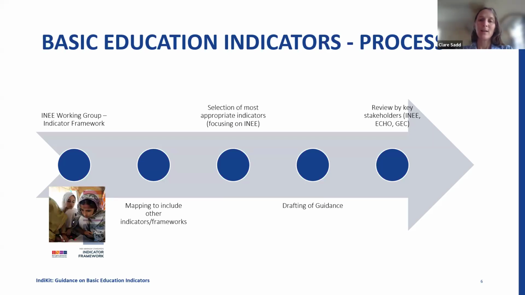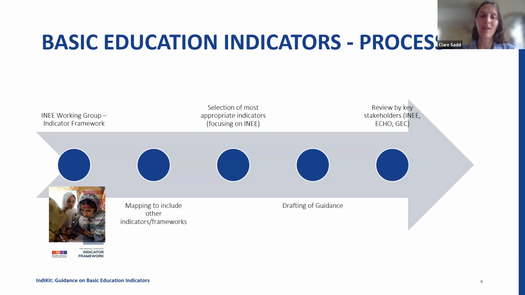And then once we'd done that, we selected the most appropriate indicators from the mapping. So the ones that we felt were the most relevant for education practitioners to use, and the most likely things that people would be trying to measure within their programming. And we tried as much as possible within this to focus on the INE indicator framework.